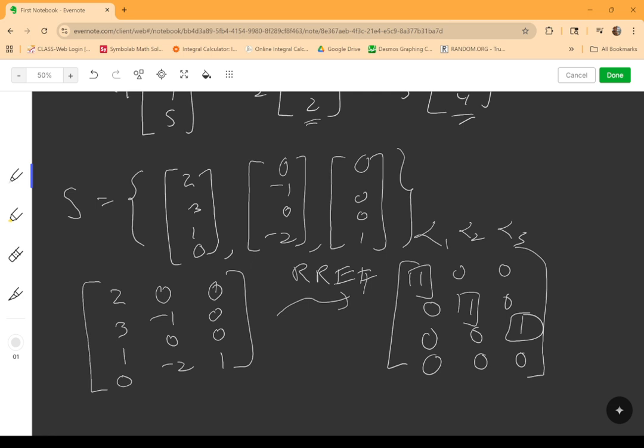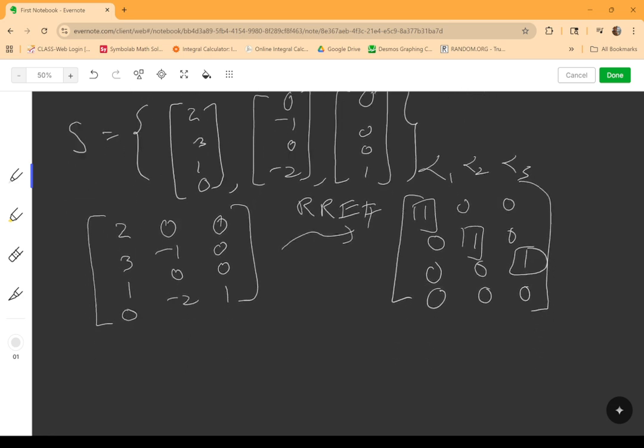What it's telling me is that I do have a linearly independent set, since only the trivial solution exists.